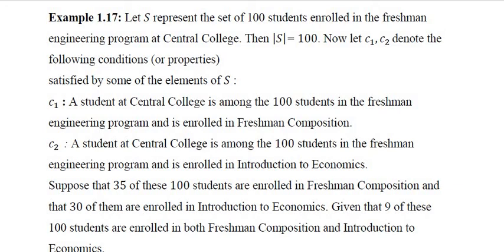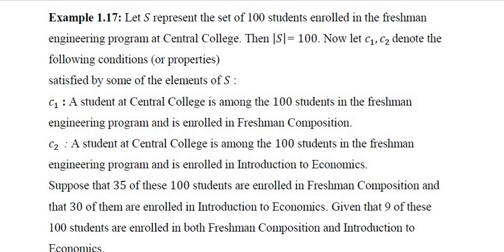Now let C1, C2 denote the following conditions or properties satisfied by some of the elements of S. The condition C1 states that a student at Central College is among the 100 students in the freshman engineering program and is enrolled in freshman composition. The condition C2 states that a student at Central College is among the 100 students in the freshman engineering program and is enrolled in Introduction to Economics.